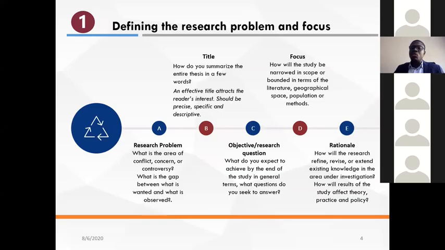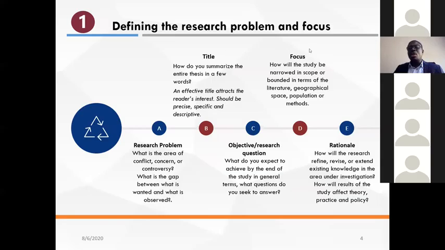What do you expect to achieve by the end of the study in general terms? Or what questions do you seek to answer? That's the research question. So you should have your main objective, your specific objectives, and then your research questions. If it is a quantitative research, you would also have your hypothesis.